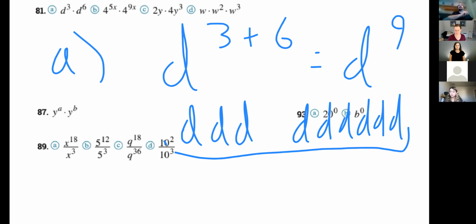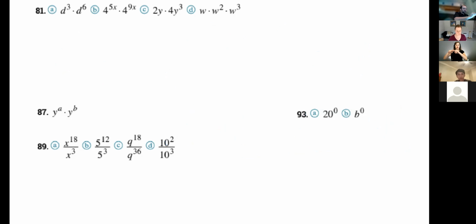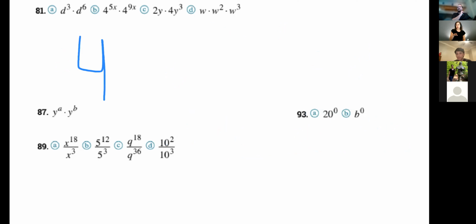Okay, next person, Fidel. This one's a little bit more. They're upping the level a little bit each go around, looks like. For the bases, you do have to multiply them, right? And we keep the base the same.